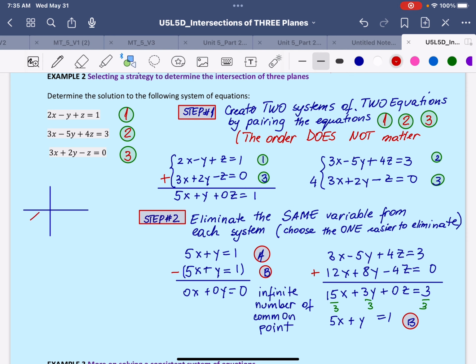So if we have a line in 2D, remember lines extend for any real number. So the x values will extend to infinity, and so do the y values, which means that for any input value of x, we can find a value of y. This is the reason why we say that for a line in 2D, the domain is any real number x, and the range is any real number y.